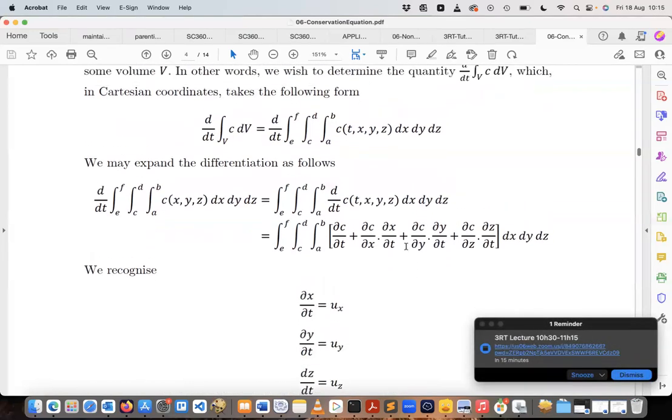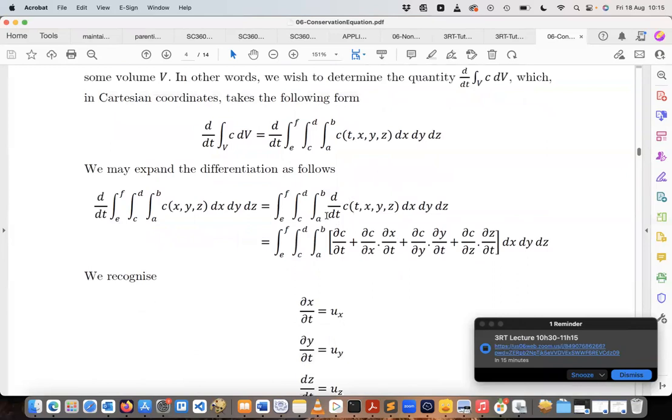Okay, and if we do that, we have to differentiate concentration with respect to time. But we also have to acknowledge that this concentration is varying in x and y and z as well, so we should expand this derivative. Number one, there might be an explicit time derivative in concentration, so we do differentiate concentration with respect to time.